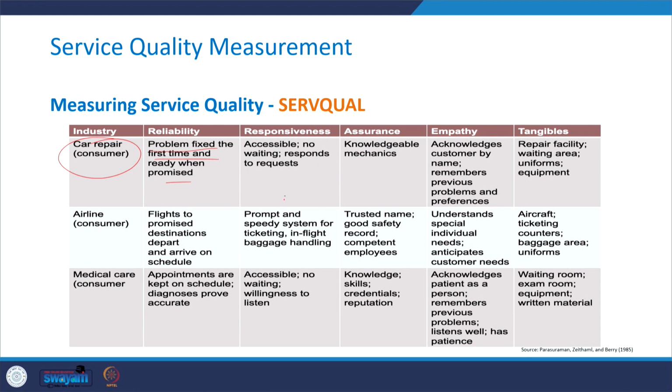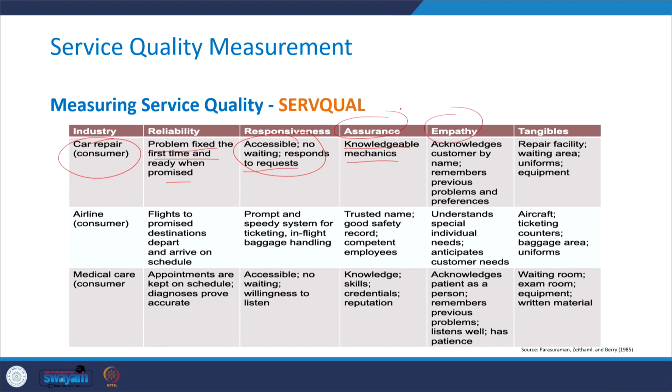Then comes responsiveness: a customer expects a car repair company or service provider to be accessible. There should be no waiting times, and it responds to the request promptly. Then comes assurance. That means the people working at that car repair service center are knowledgeable mechanics and so on. The fourth dimension is empathy.